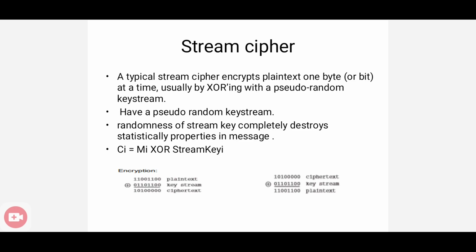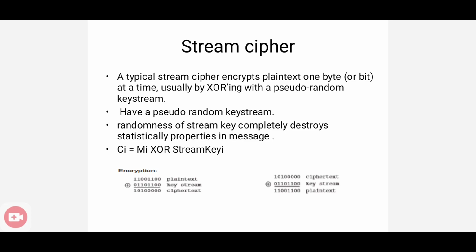It's a stream cipher. A stream cipher encrypts the plain text one byte or one bit at a time. Usually we use XOR operations with a pseudo random key stream. The randomness of the key stream completely destroys the statistical properties of the message, or completely changes the plain text.